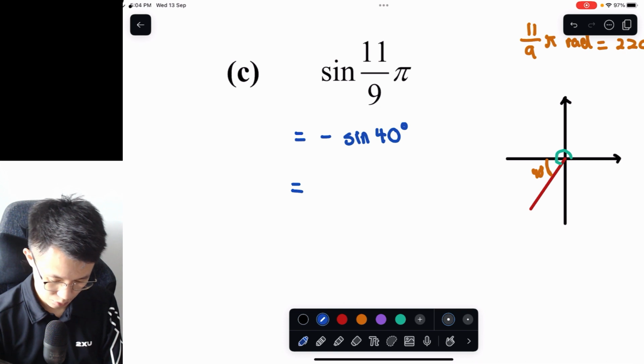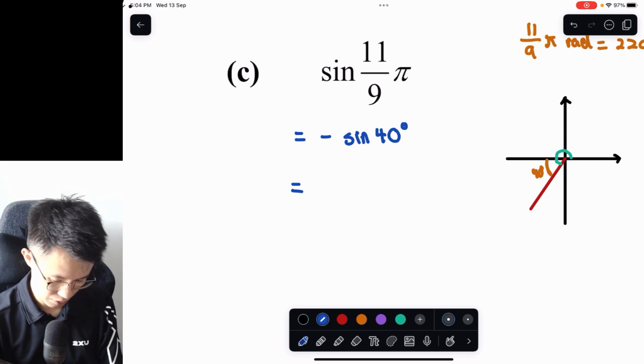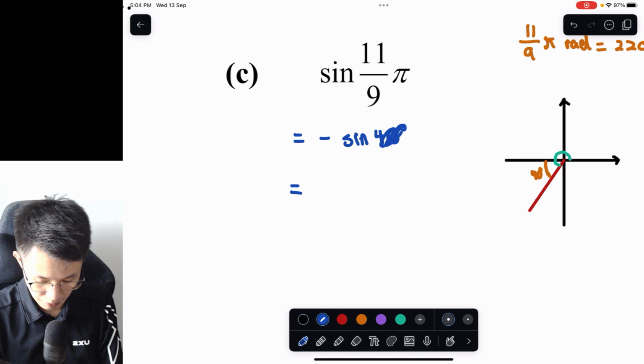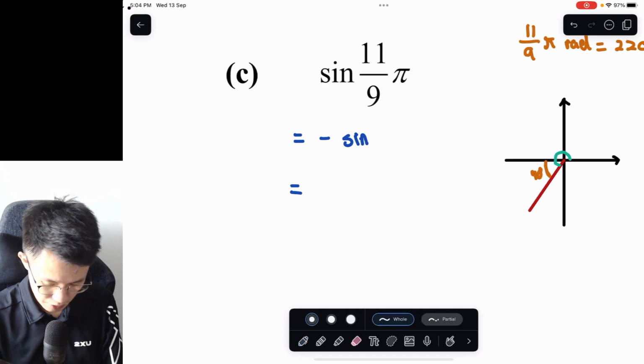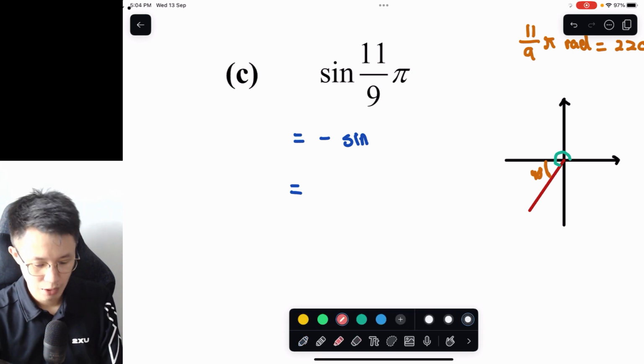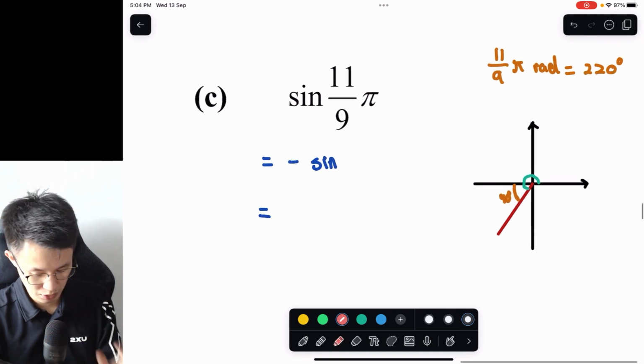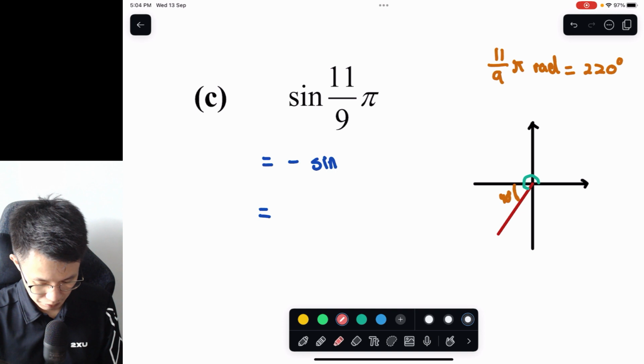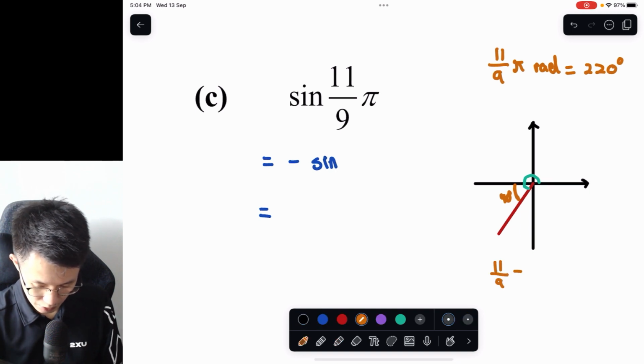I don't think I can express this as 40 degrees. Maybe I need to write this as radian actually. So how do we get 40 degrees in radian? We said that 11 over 9 pi radian is equal to 220 degrees, right? So we just take 11 over 9 pi minus pi.